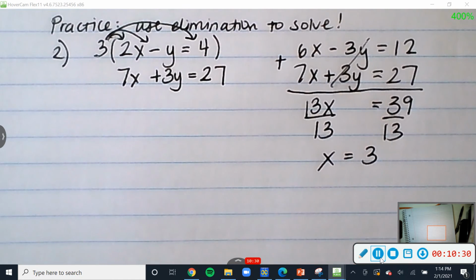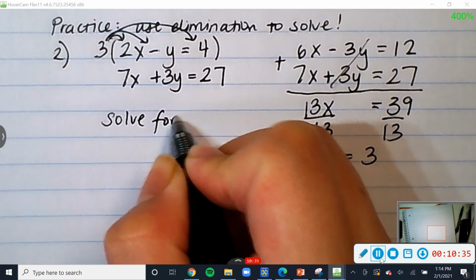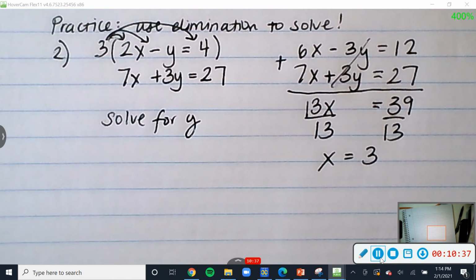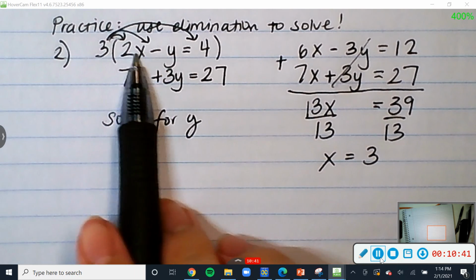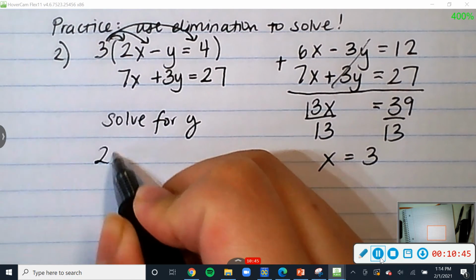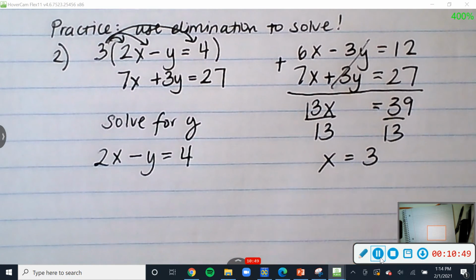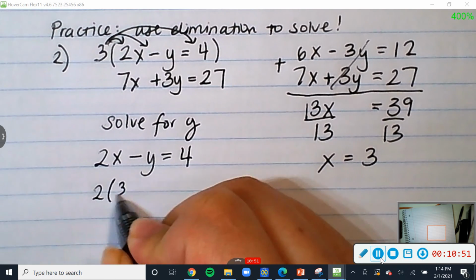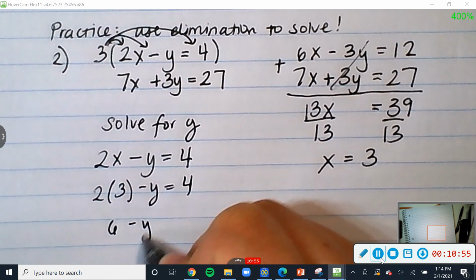Now I just want to solve for y. So to solve for y, choose one of the original equations. I'm just going to choose the first one. So remember, use the original equation. You don't need to use the one where you've already distributed the 3. So we're going to use 2x minus y equals 4. Plug in 3 for x and solve. 2 times 3 is 6.